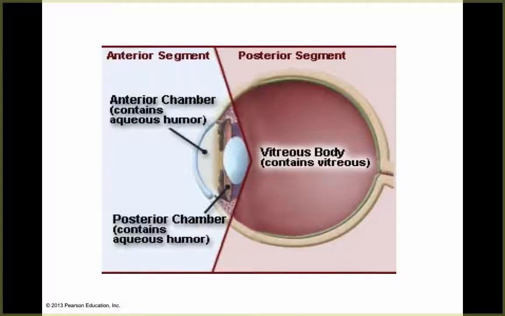Essentially all you do is locate the lens. Anything in front of the lens is considered the anterior chamber, and anything that's behind the lens is considered the posterior chamber.